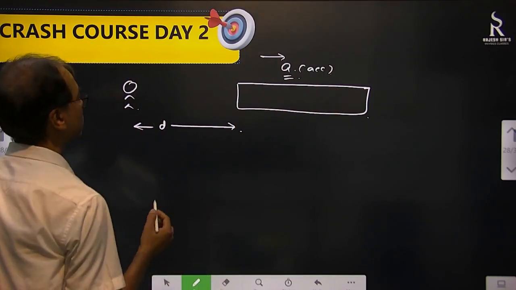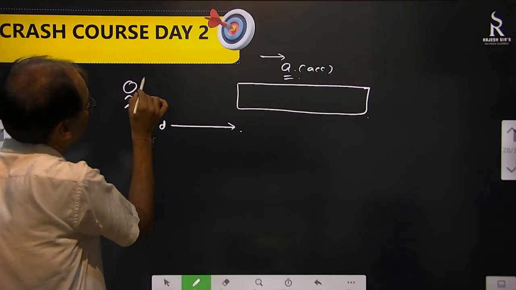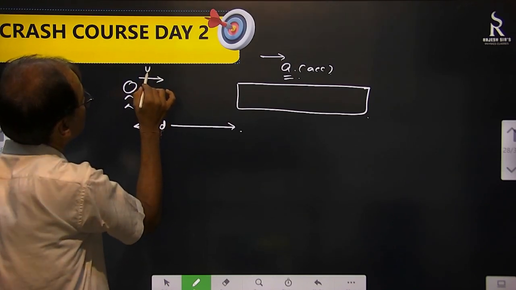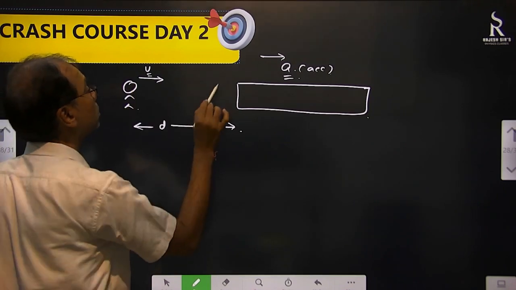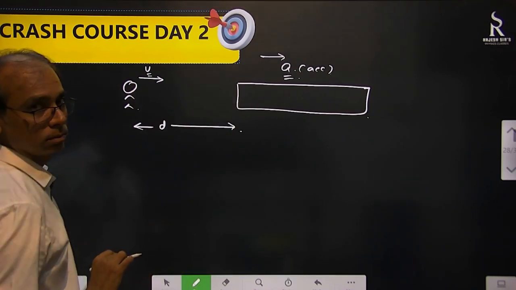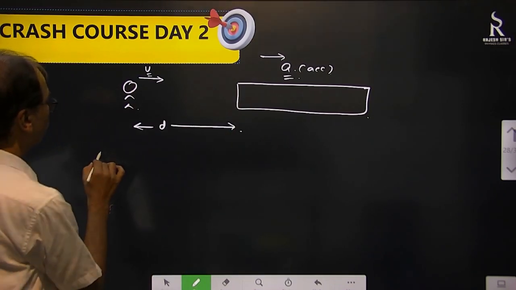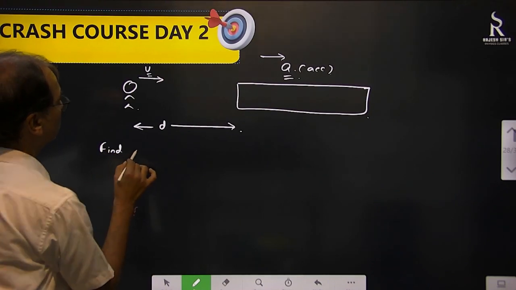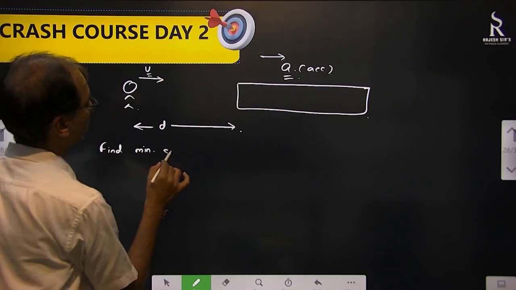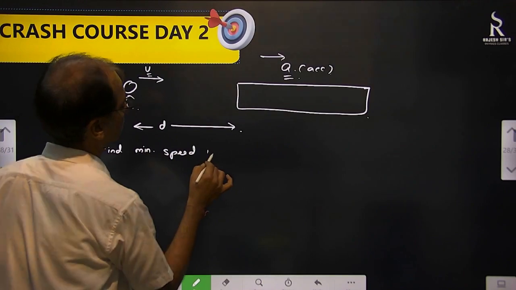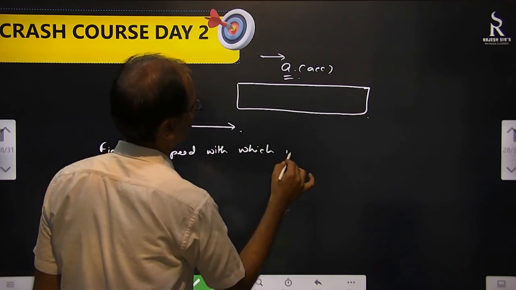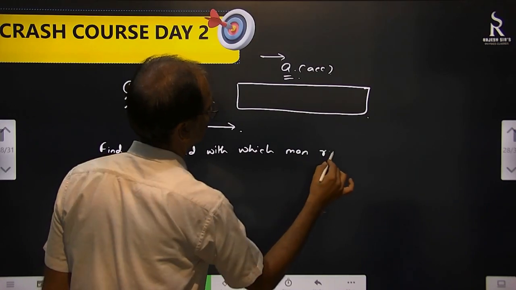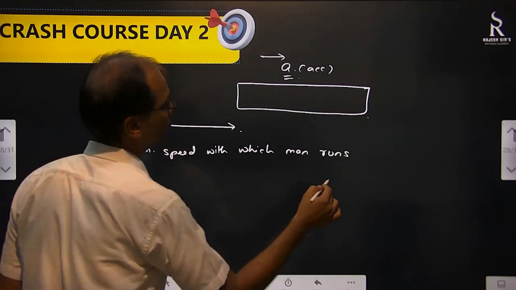Then with what speed should he run so that he can catch the train? Find the minimum speed with which the man runs to catch the train.